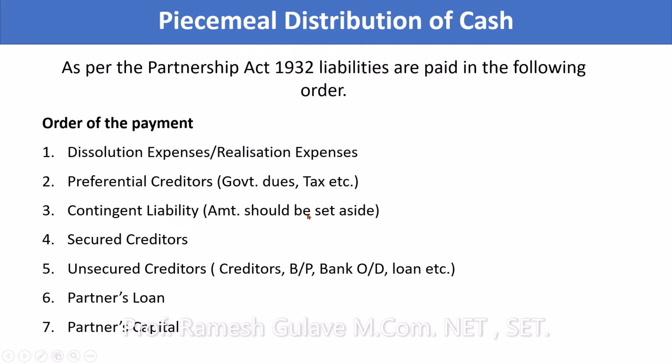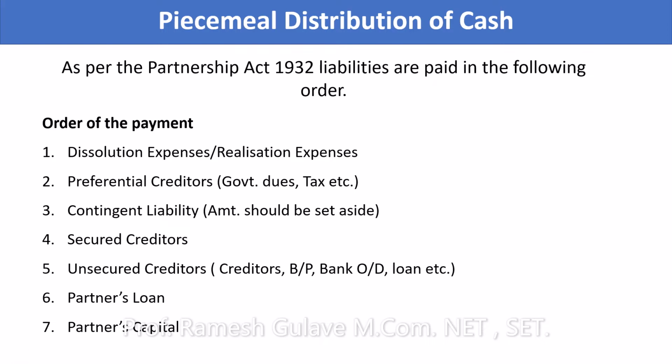Okay, so basically here we need to make provision for that contingent liability and set aside that much amount for payment in the future. And if the liability happens in the future, the amount which is set aside is used against the actual liability, and if there is any surplus, it is added back to the cash balance of the firm, right?